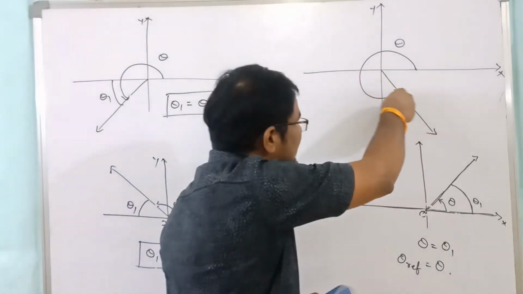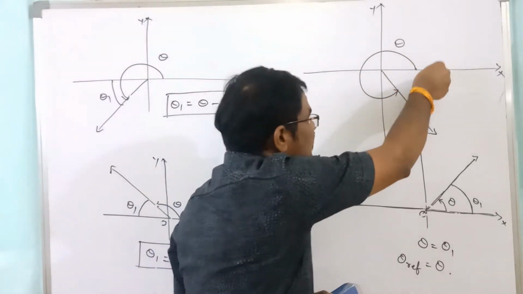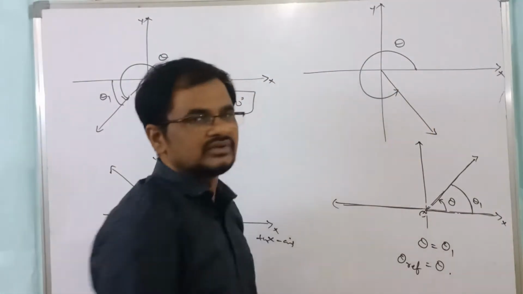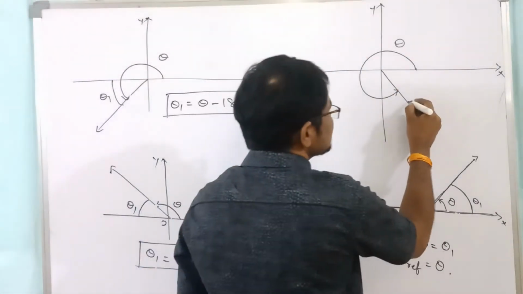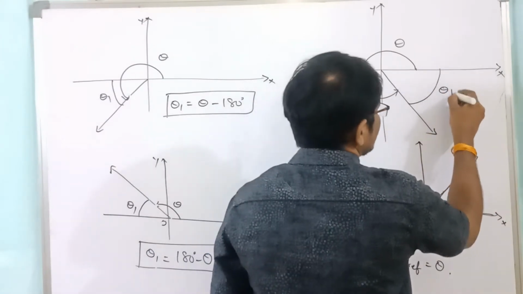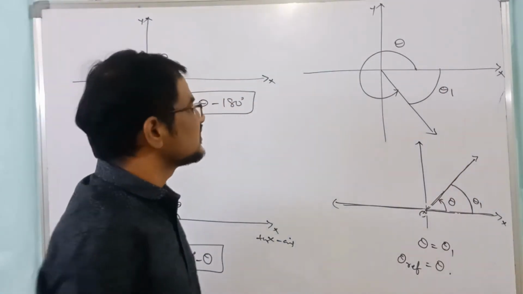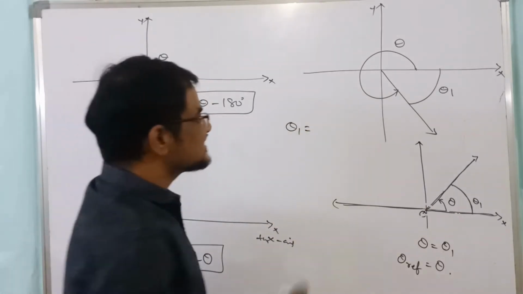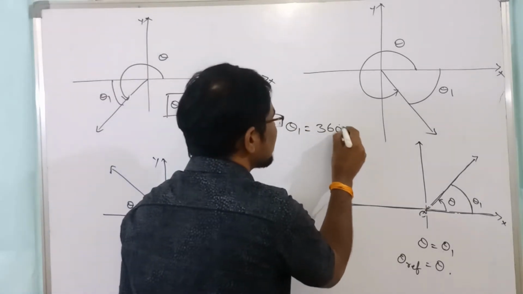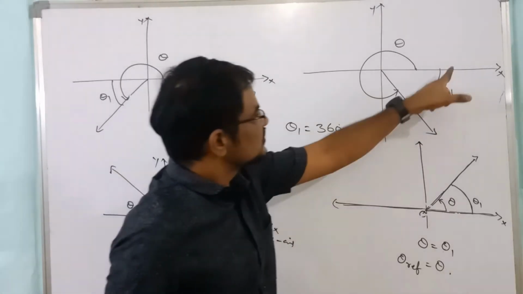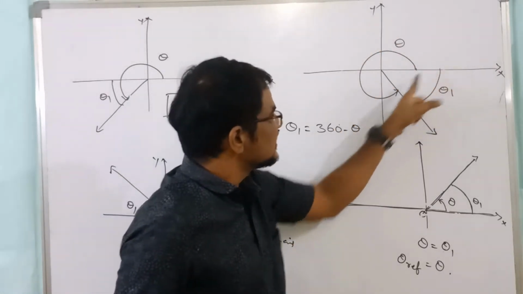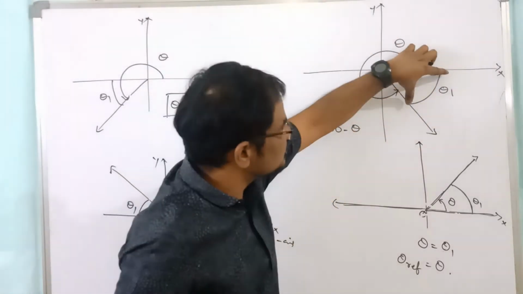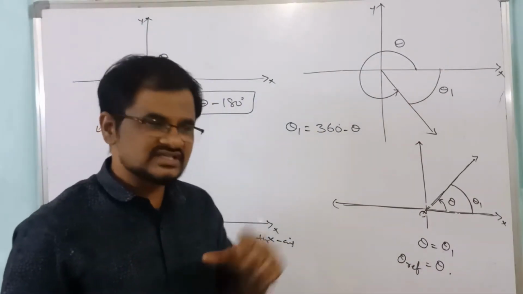If you take it here, it is an obtuse angle, so we take this one here. This is theta 1. How do we get theta 1? Theta 1 equals 360 minus theta. Right? So this 360 minus theta is theta 1.